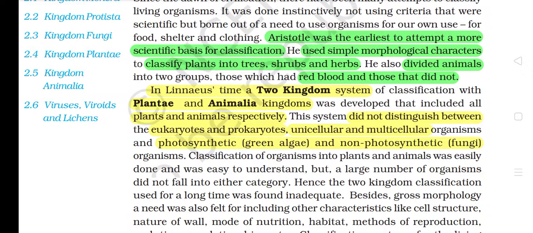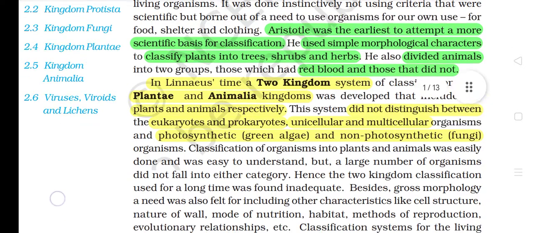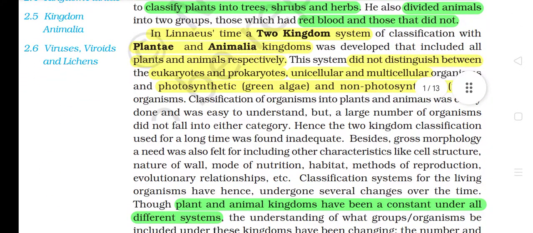In Linnaeus' time, a two-kingdom system of classification with Plantae and Animalia kingdoms was developed that included all plants and animals respectively. This system did not distinguish between the eukaryotes and prokaryotes, unicellular and multicellular organisms, and photosynthetic green algae and non-photosynthetic fungi organisms.